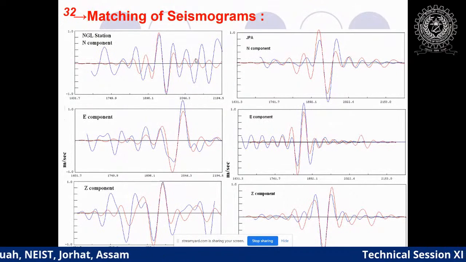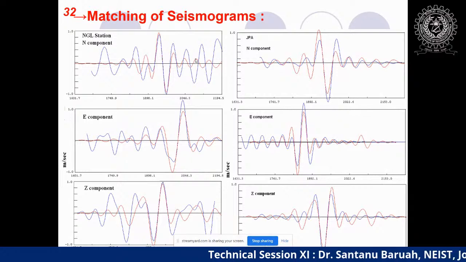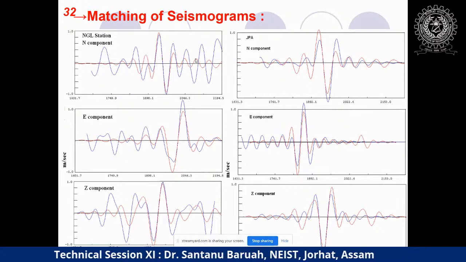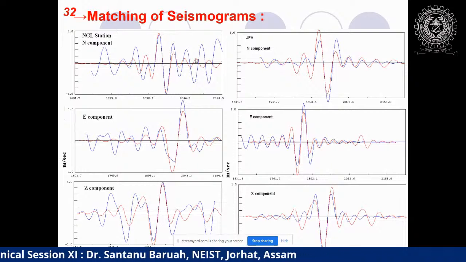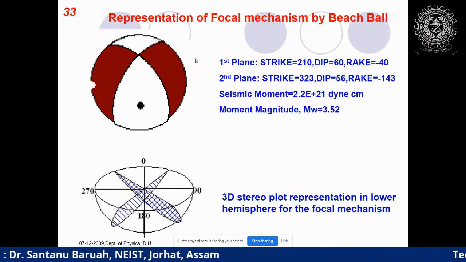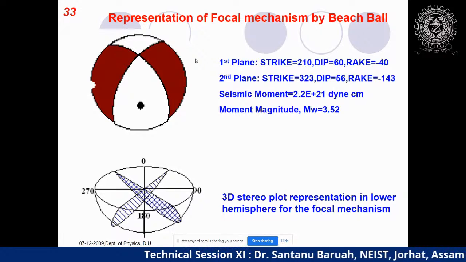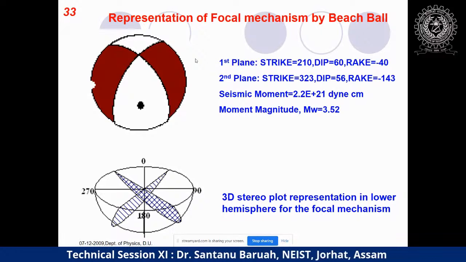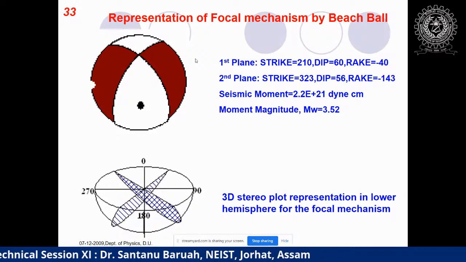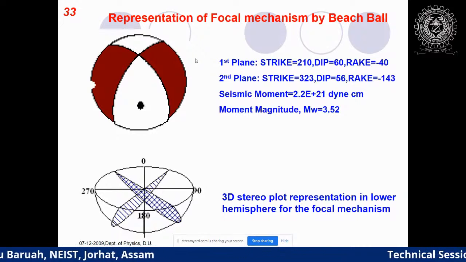And this is the matching of seismograms. The blue curve indicates the observed seismogram, while the red one indicates the calculated or synthetic seismogram. And this is the ultimate result of waveform inversion, shown as a fault plane solution, which gives the strike, dip, rake, and seismic moment. And from this seismic moment, we can calculate the moment magnitude of that particular earthquake.